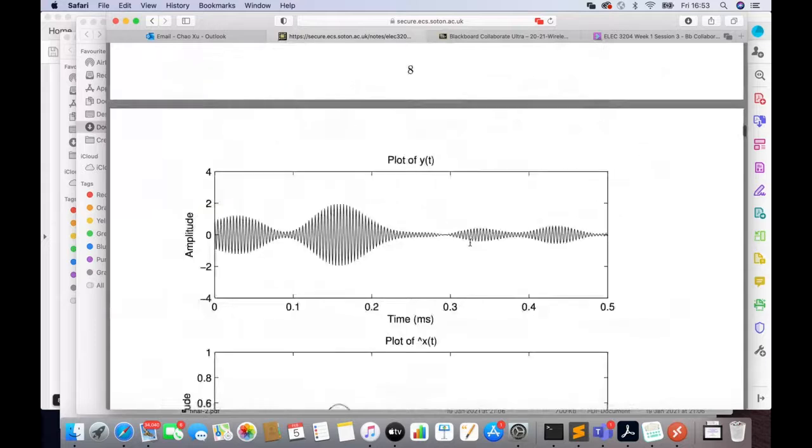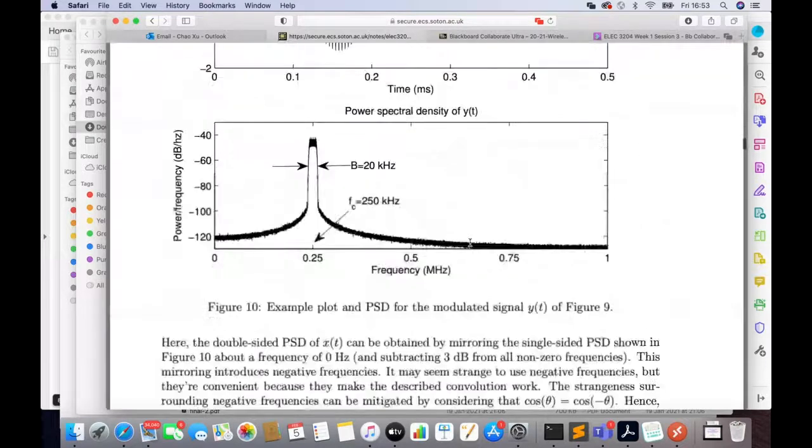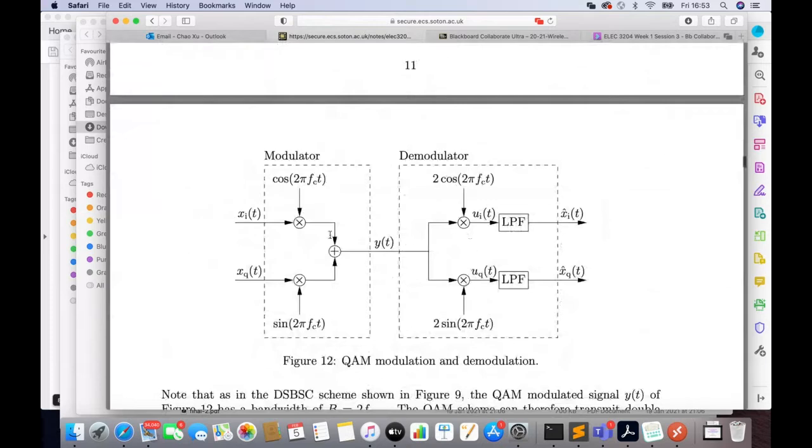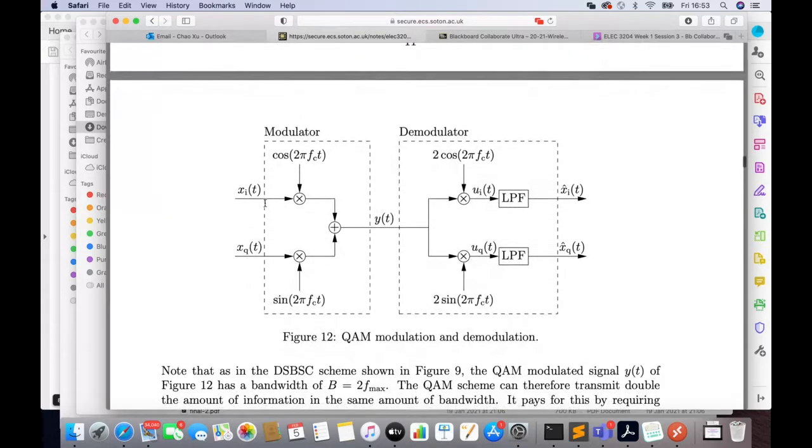I understand you have already learned QAM. You modulate two parts of the signal by cosine and sine waveforms, and cosine and sine are orthogonal to each other. So as a receiver, you can use cosine and sine to separate the two parts of the signal. This improves throughput, because you only use one channel instance but transmit two data streams.